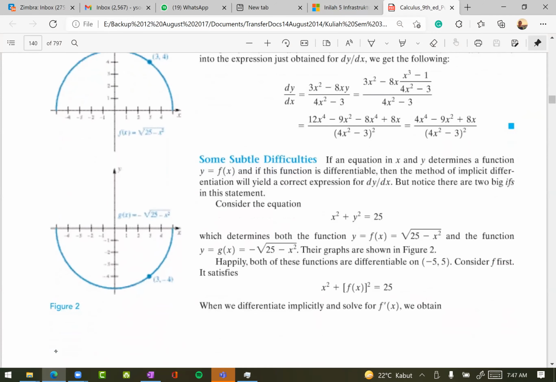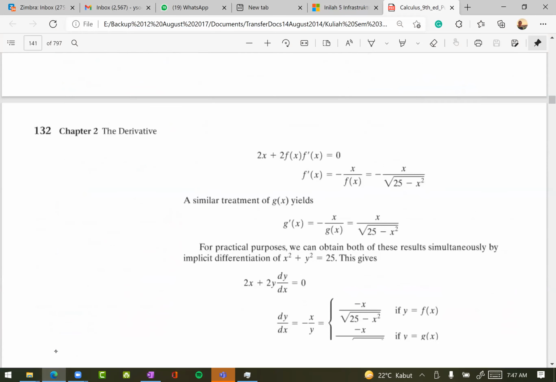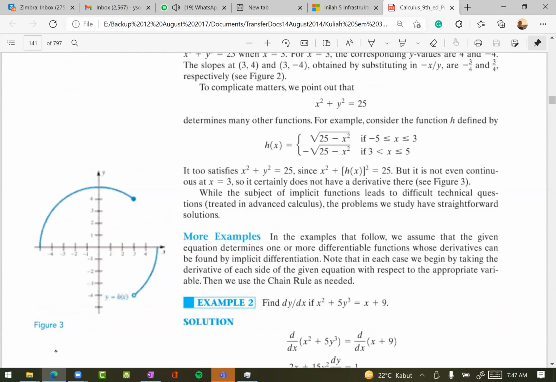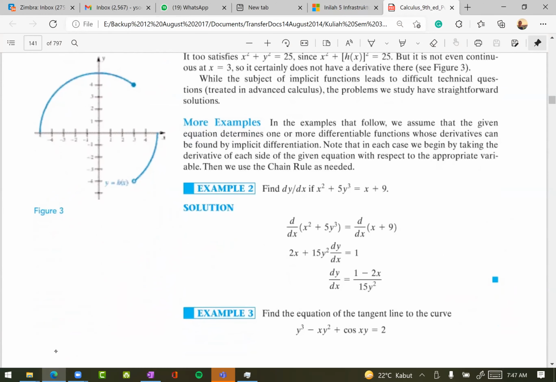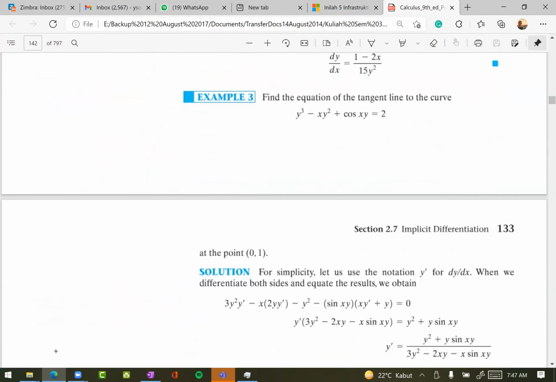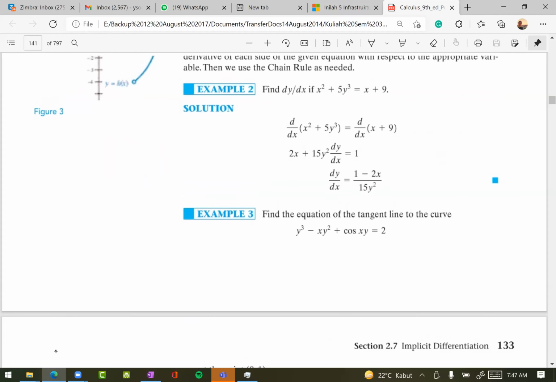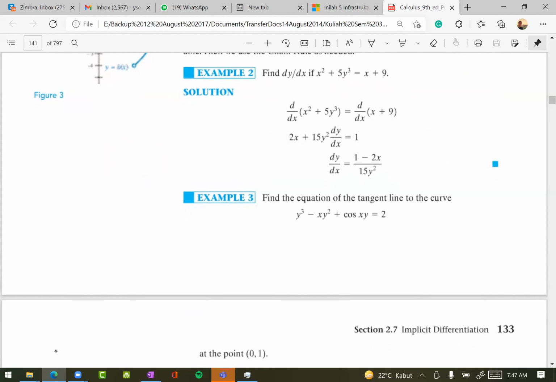So let's do some problems. All right, see this problem here. Let's solve this one. Just writing here: y cubed minus xy squared plus cosine xy equals 2. You need to find the tangent line to the curve at the point (0, 1).